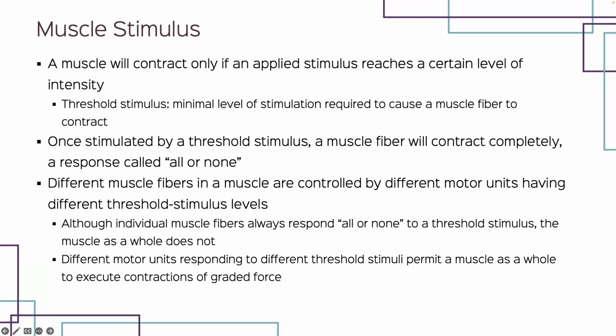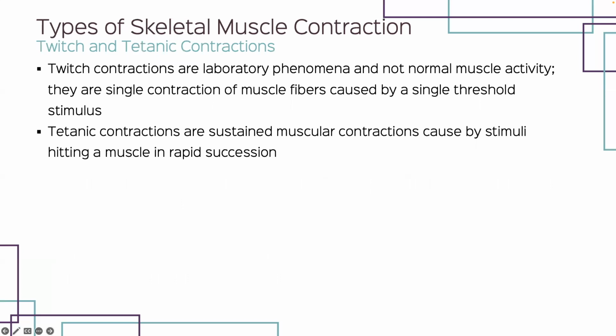However, a muscle is composed of many muscle fibers that are controlled by different motor units, and they will have different threshold stimulus levels. Although each muscle fiber in a muscle, such as the biceps brachii, will respond when subjected to a threshold stimulus, the muscle as a whole does not. A twitch is a jerky, quick response to a stimulus.